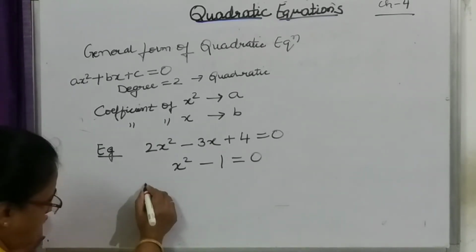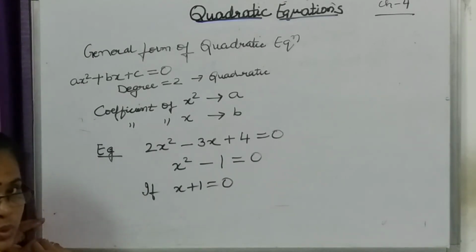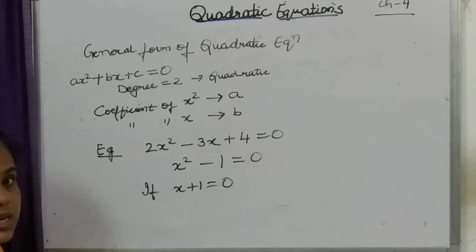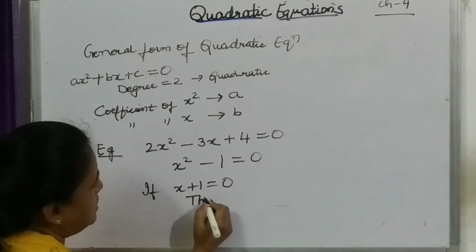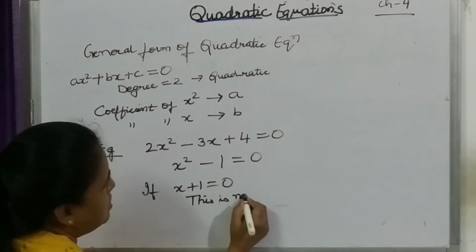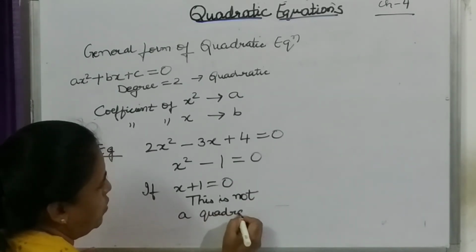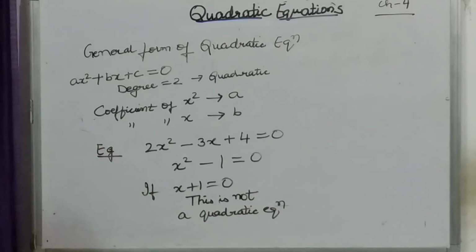But if I say x plus 1 is equal to 0, now the degree of this equation is not 2. Right now the degree is 1. It is a linear equation. So this is not a quadratic equation.